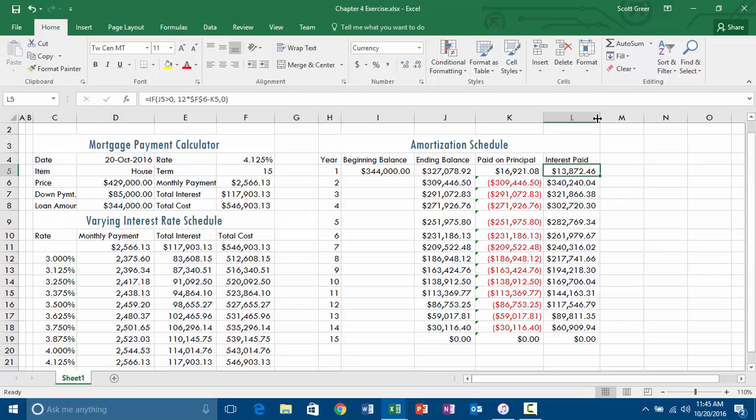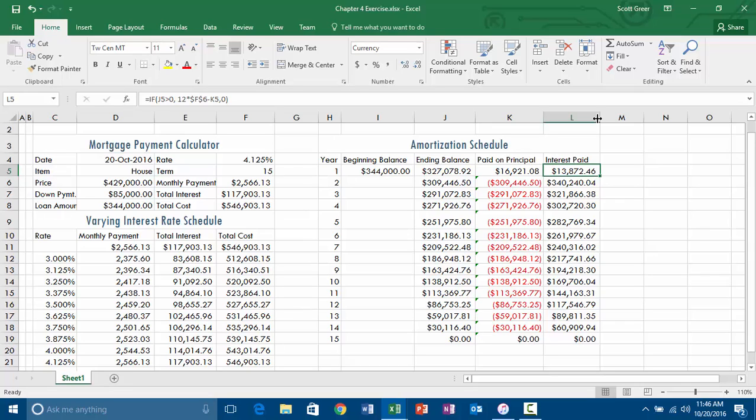I think you're missing an IF: if I5 is greater than 0, comma, 12 times F6 minus K5, comma 0. That is 0? Yeah, it's 0. That's right. It gave me my first number, but when I dragged them down, it just gave me all zeros. Yeah, I think what we're going to have to do is just put this in. Okay. We'll be all right here in a minute.